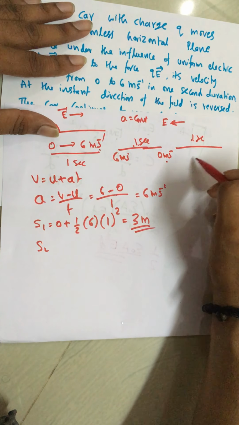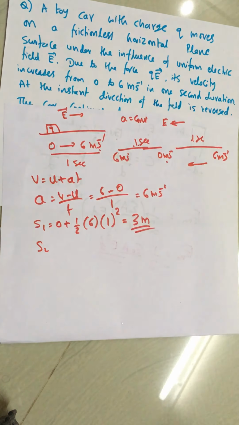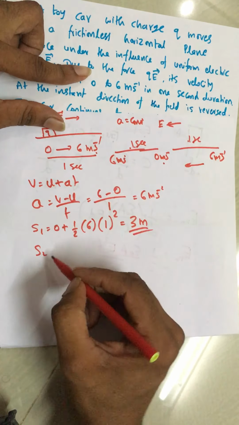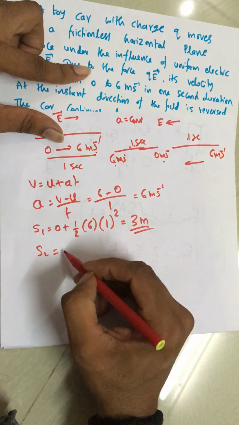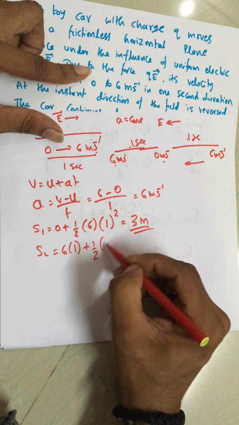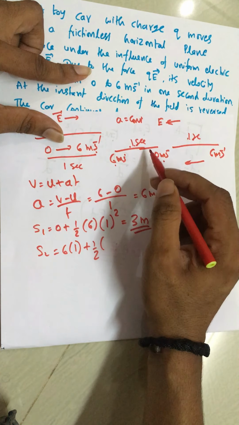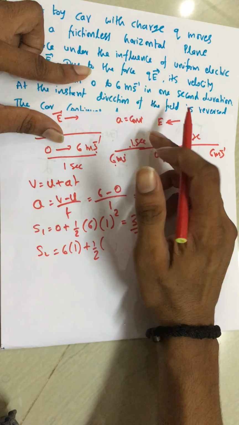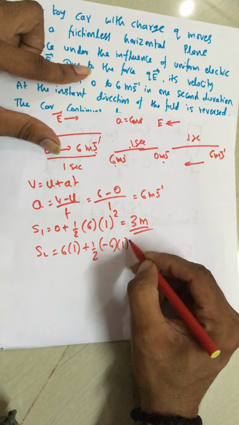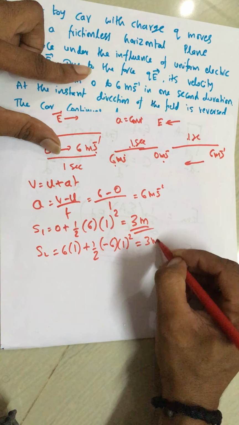The speed goes from 0 to 6 meter per second, but in the opposite direction. So what is the distance traveled for this case? Initial velocity is 6 into t is 1, plus half, a is minus 6 because the acceleration is negative, since the electric field is reversed. So it is minus 6 into t square, 1 square. So that is 6 minus 3, which is 3 meter.